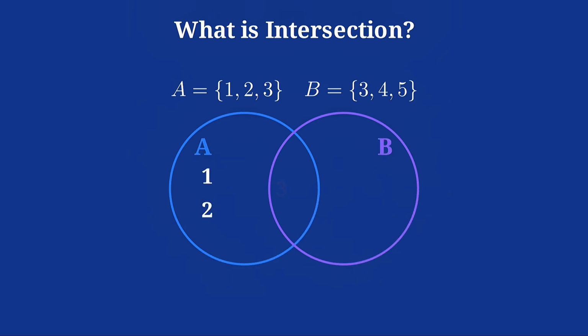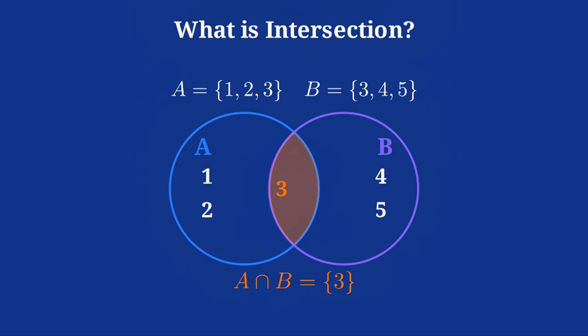Let's visualize this with a Venn diagram. Here is set A, and here is set B. Let's place our numbers. 1 is only in set A. 2 is also only in set A. Now, what about 3? 3 is in set A, and it's in set B. So it belongs right here, in the shared space. 4 is only in set B, and 5 is also only in set B. So when we ask for the intersection, we are only looking for that shared region.